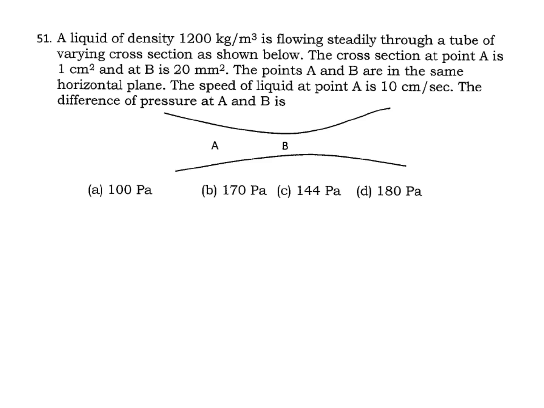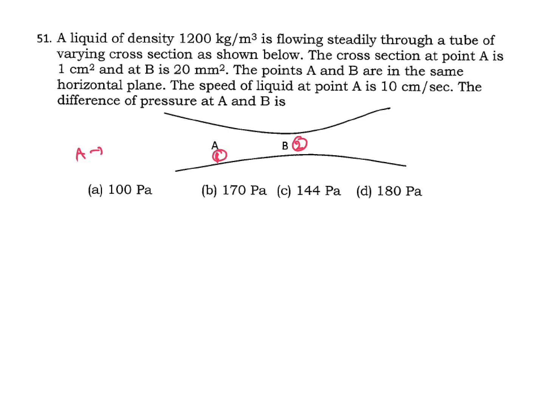The speed of liquid at point A is 10 centimeter per second. The difference of pressure at A and B is how much? Let A be point 1 and B be point 2.